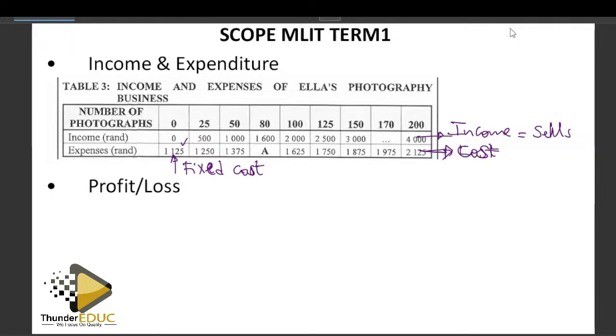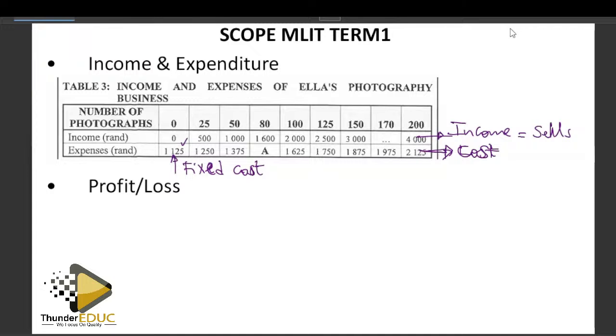What's a break-even point? A break-even point is where income and expenses are equivalent. They are equal. At this point, what I expect you to remember is that there's no loss and no profit. You check the table where the values are the same. That's when we shall have the break-even point.